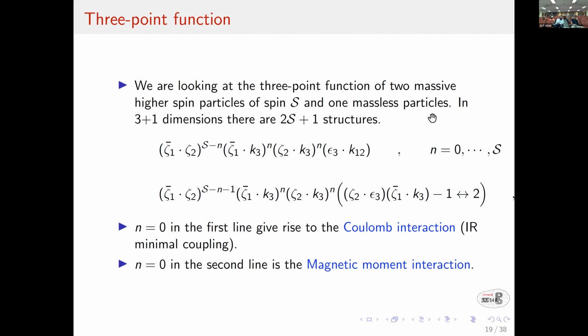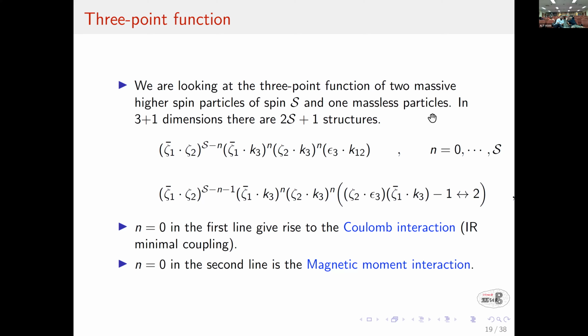K3 counts the number of K3. A3 counts K3, K1 plus K3. That counts the L, effectively like a polynomial in K3. Yes and no. You can think that these are the electric moments and these are the magnetic moments, and in that they count the derivatives. But you see these two have the same number of derivatives.